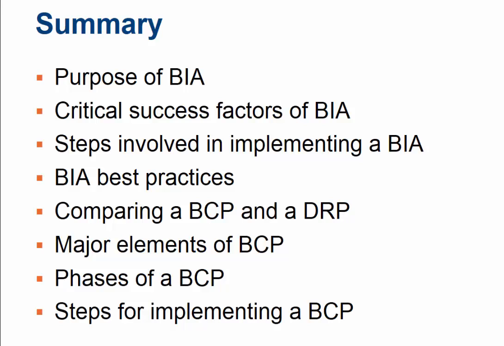So for example, the chief executive officer, the CEO, may want to be informed by the BCP coordinator prior to activating the BCP. However, if the CEO is on vacation and can't be reached, who should the BCP coordinator notify instead? The business continuity plan would include an order of succession.